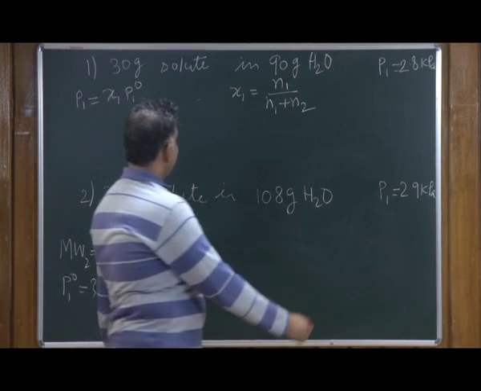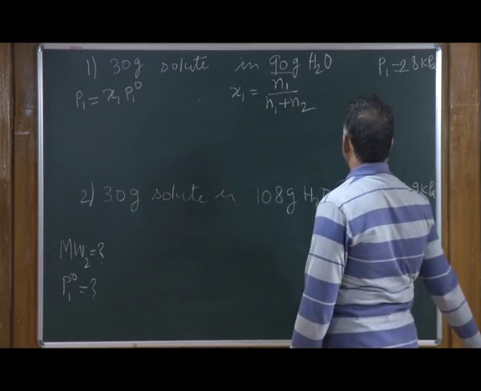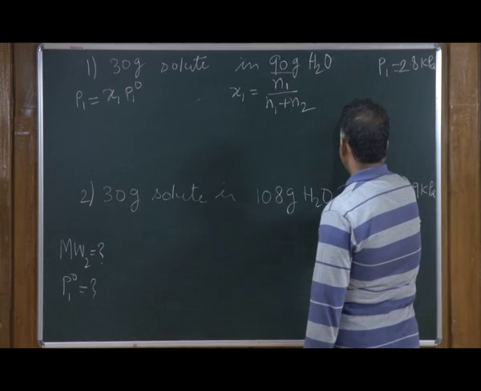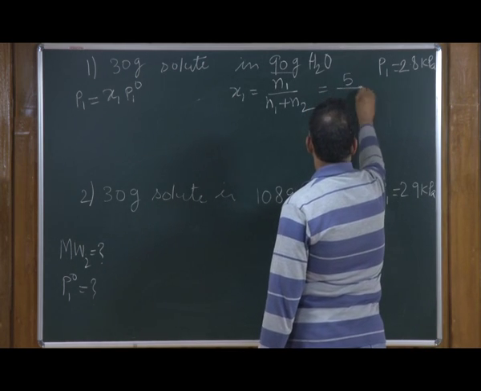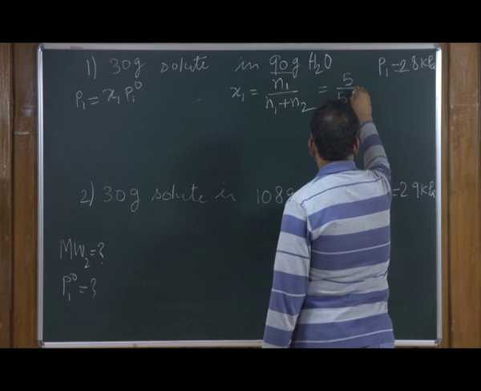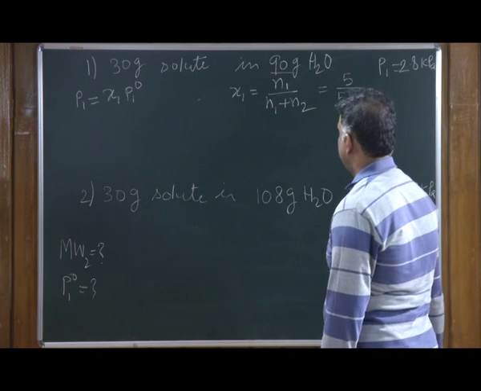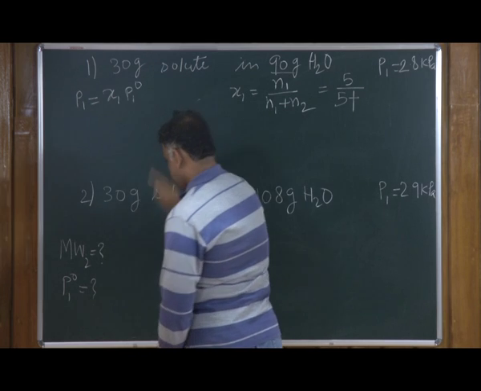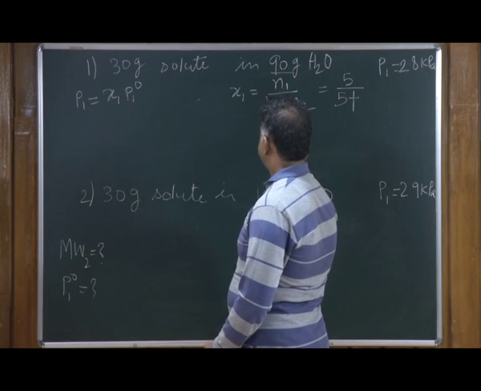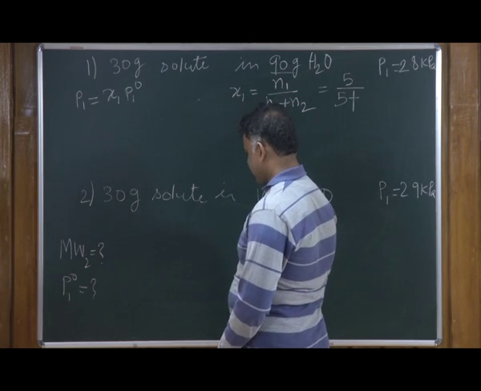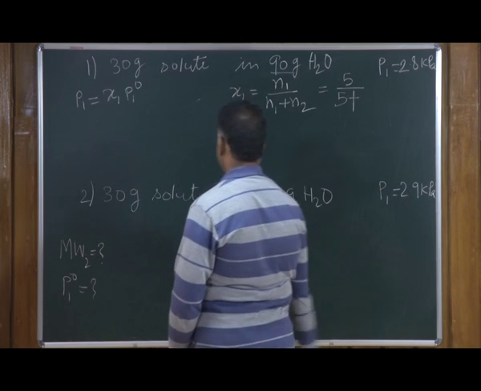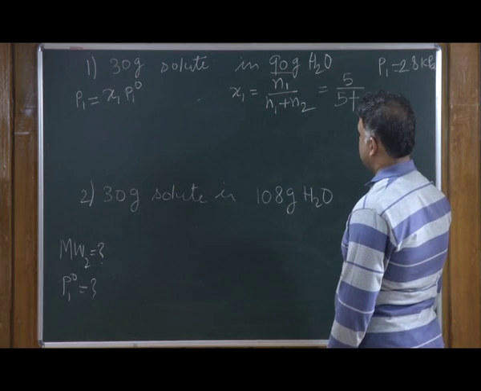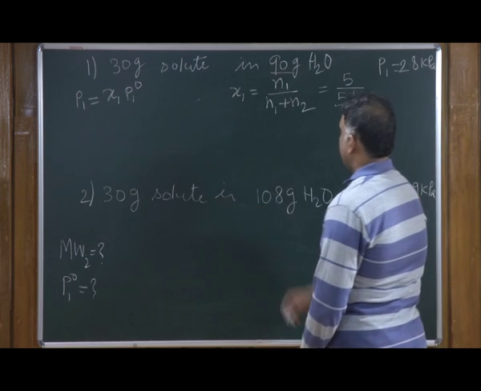Okay. So, 90 gram of water. The molecular weight of water is 18. So, we have simply 5 moles. So, N1 is 5. What about N2? For N2 we are given 30 gram of solute and the molecular weight is unknown. That is what we have to figure out. So, we will just put moles of solute in terms of molecular weight of solute.